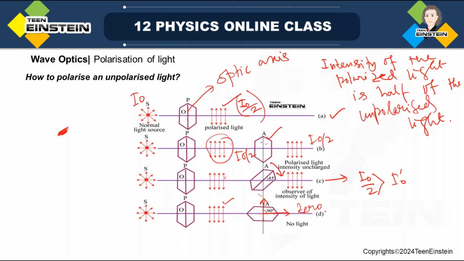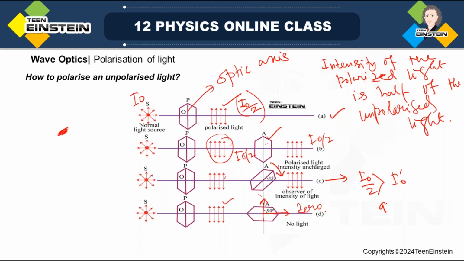And if the pass axis of the analyzer and the pass axis of the polarizer are parallel to each other, then there is no intensity variation. But when you rotate the analyzer, you'll see intensity variation.